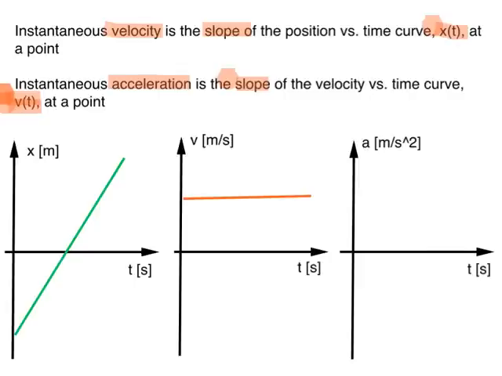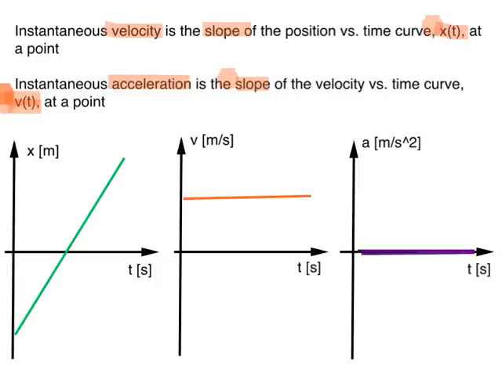Now, let's repeat the process. We look at velocity. What is the slope of the velocity at this point? It's 0. It's flat. What is the slope of the velocity at any point? It's 0. It's always flat. So what's the acceleration in this case? It's 0. There is no acceleration. And so we end up with a 0 acceleration at all the different times.